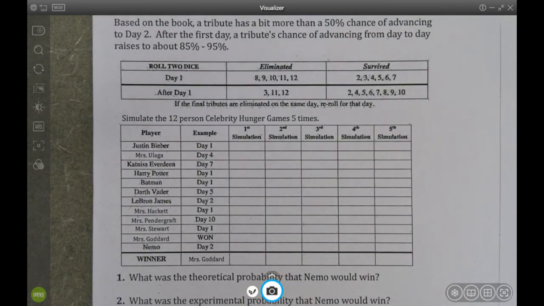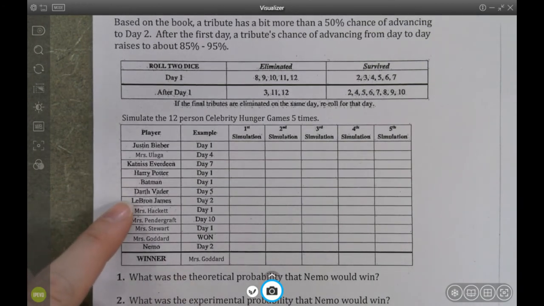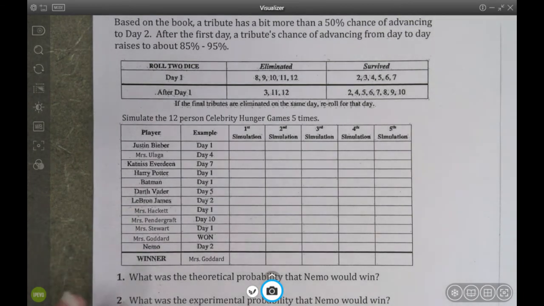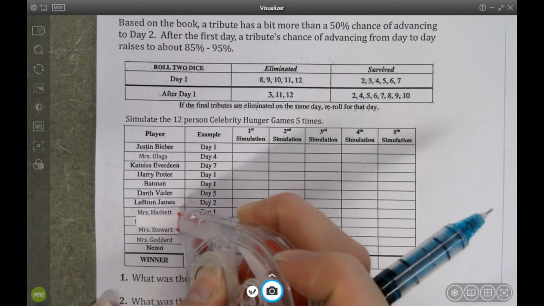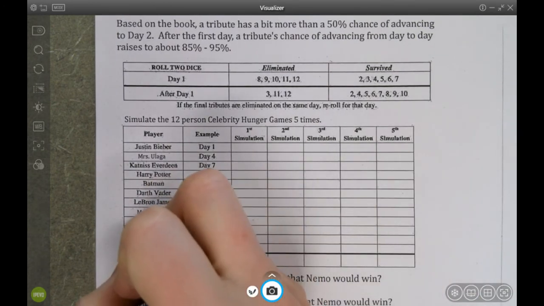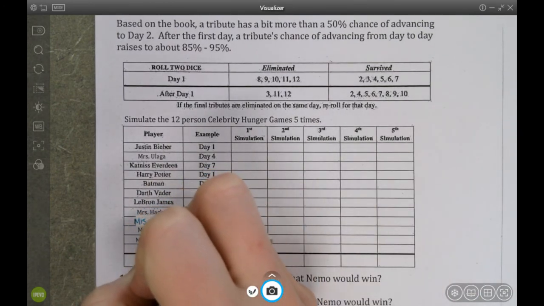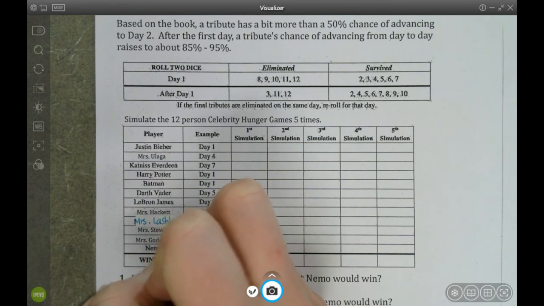Okay? So in our Hunger Games, we have Justin Bieber, Miss Ulaga, Katniss Everdeen, Harry Potter, Batman, Darth Vader, LeBron James, Miss Hackett. Miss Pendergraft doesn't work here anymore, so we're going to replace her with Miss Lashley. Miss Stewart.